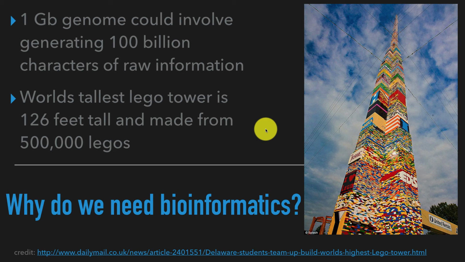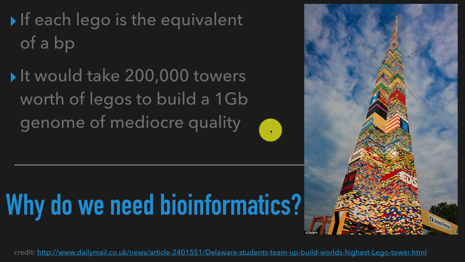It can't even support its own weight without all those cables. Imagine if each one of those Legos represented one piece of data, one base pair, one letter. It would take 200,000 of those towers to have enough data to build a 1 gigabase genome of mediocre quality. And we're generating way more data than that on a daily basis.